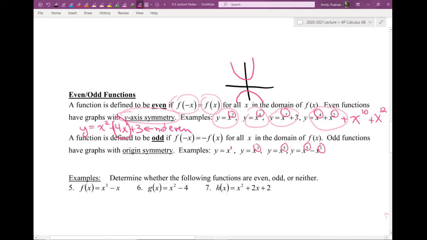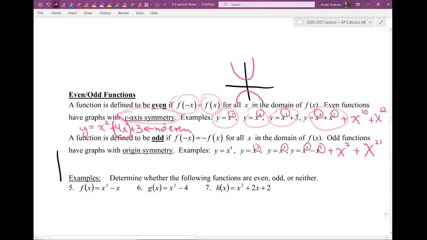So again, you could add or subtract any odd exponent and you would still have an odd function unless it has been shifted off of the origin.